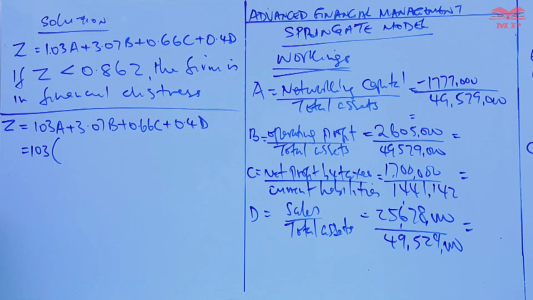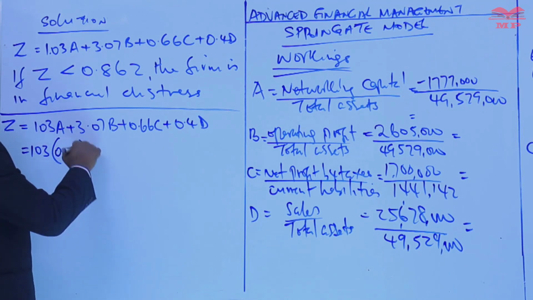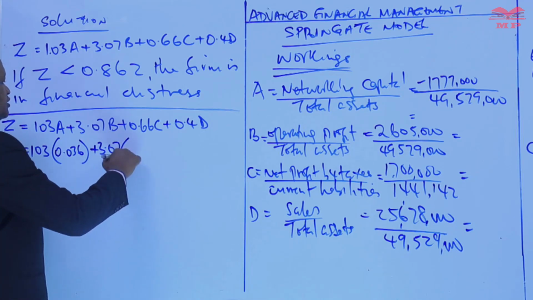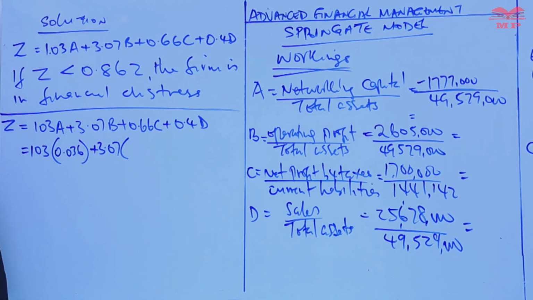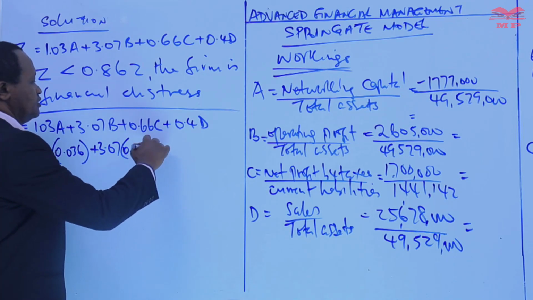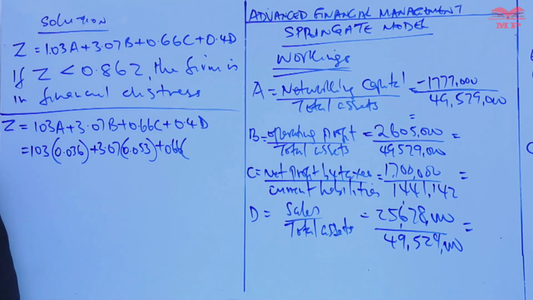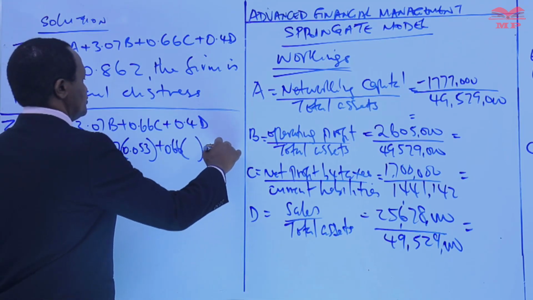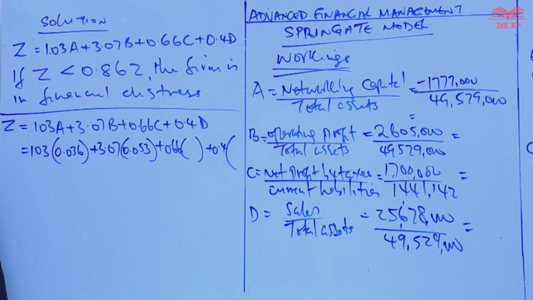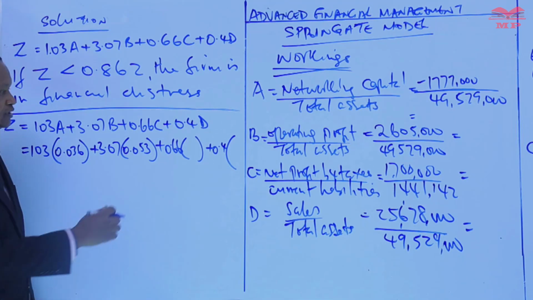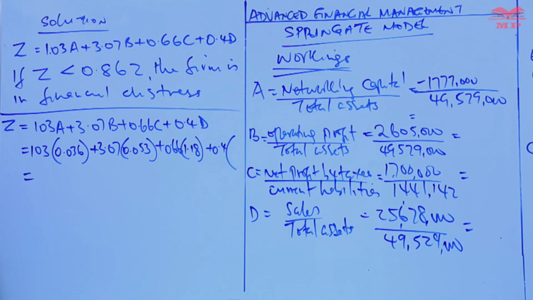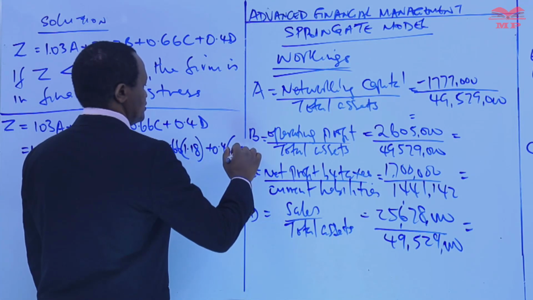The first one is negative, 0.036, plus 3.07B, 0.053, plus 0.66C, plus 0.4D, 1.18D, 0.518.